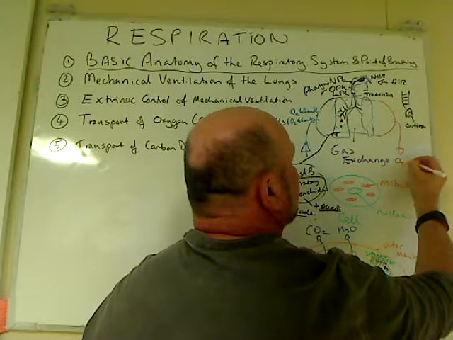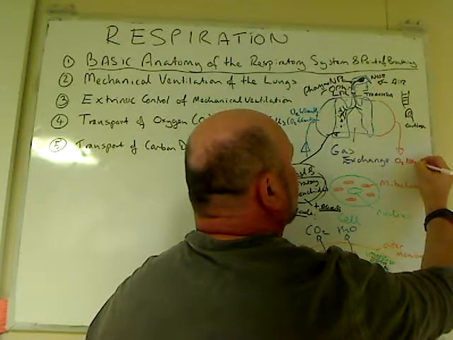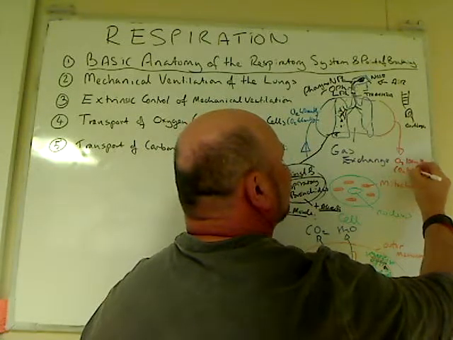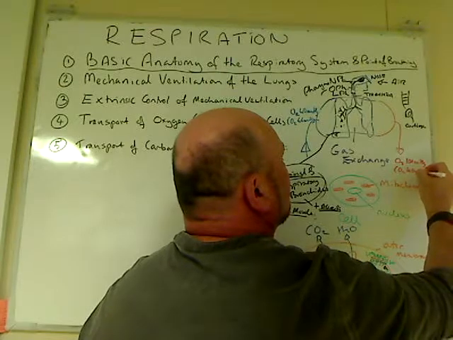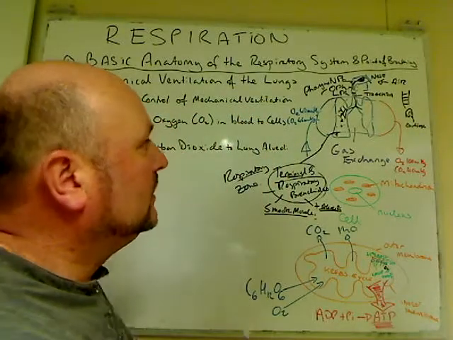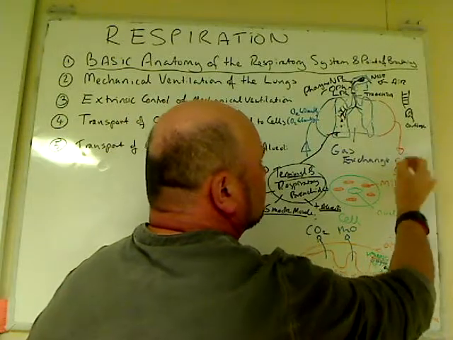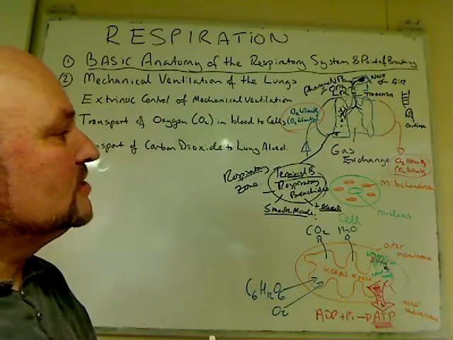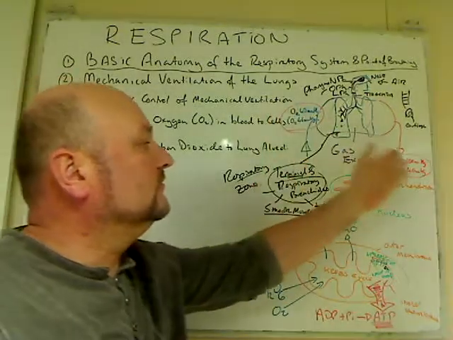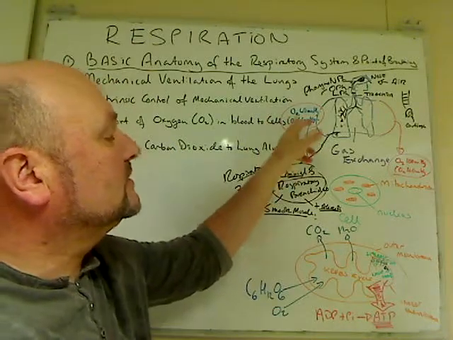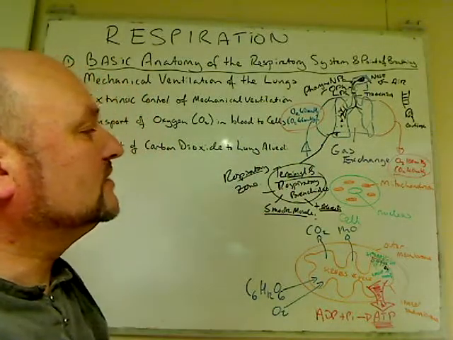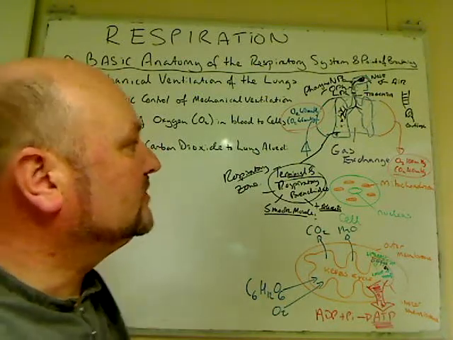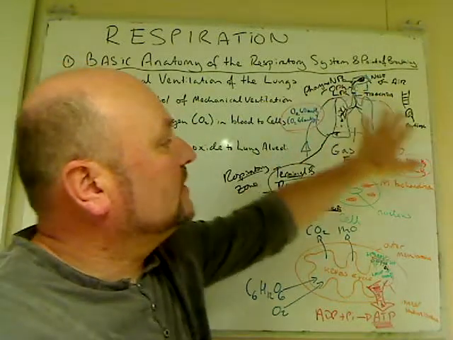So now we have the oxygen coming away at 100 millimeters of mercury partial pressure, and the CO2 has gone from 46 down to 40 millimeters of mercury. So these two numbers change, and the oxygen side changed dramatically from 40 up to 100, and carbon dioxide 46 down to 40, but it's taking off just enough to keep the blood pH as it should be, between 7.35 and 7.45. So this is the blood feeding that system.